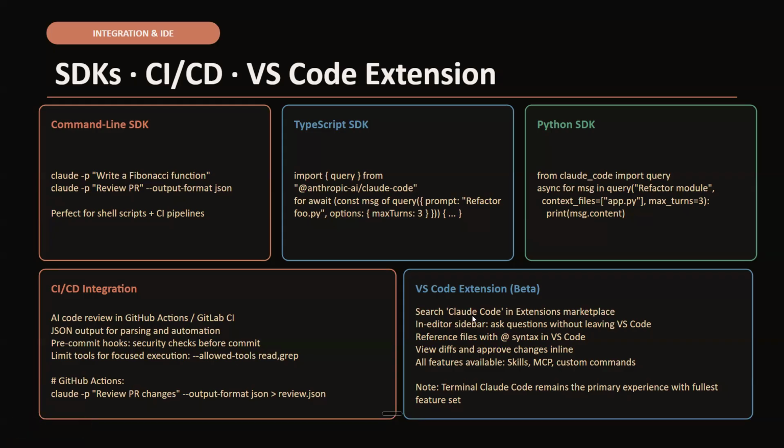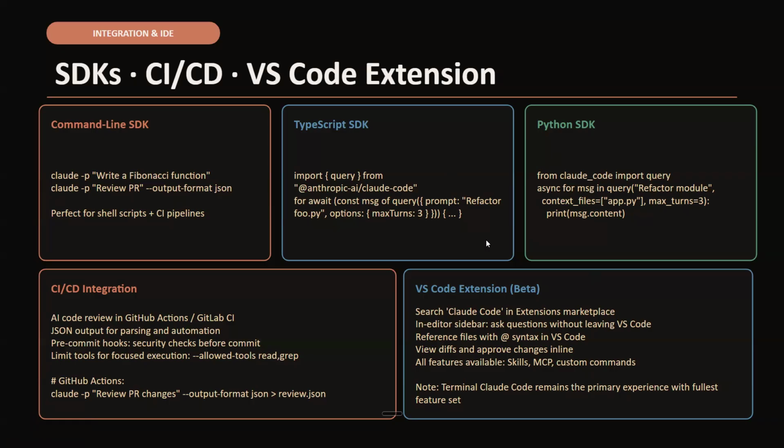And then you have the VS Code extension, which is in beta. Search for Claude Code in the extension marketplace, which I showed you at the start of this session, where I'm using it as a plugin on the sidebar. You can ask questions, reference files with @, view the differences and approve the changes without leaving VS Code.